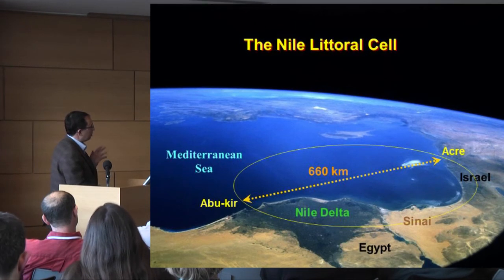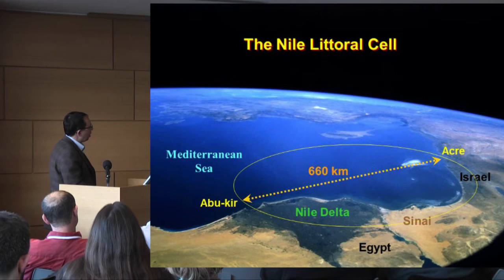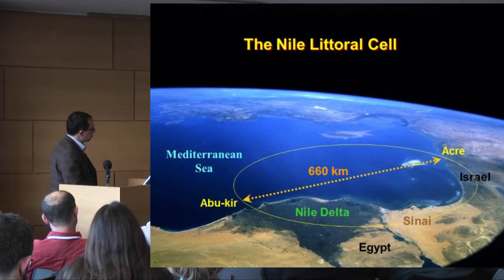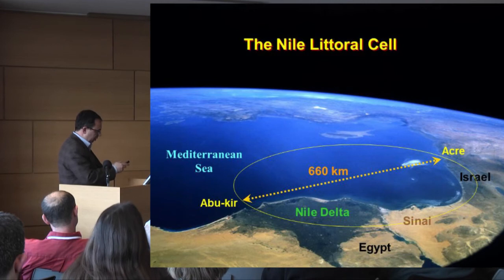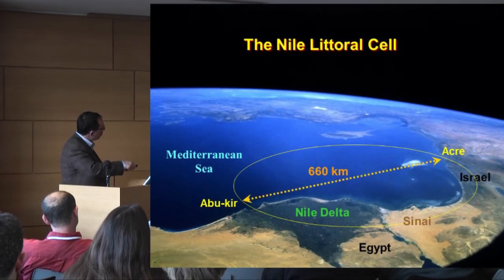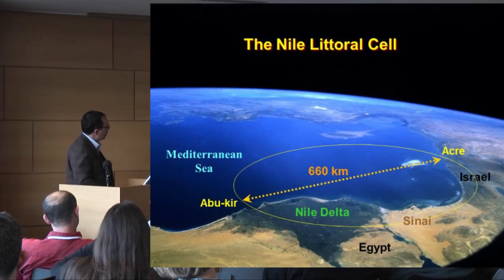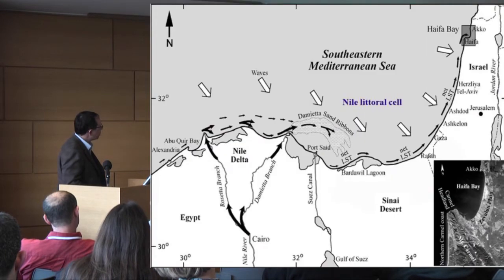Actually, this is the largest cell in the world, and a lot of research is being done in this area, because along the coast you'll find millions of people, and it's a very sensitive area.